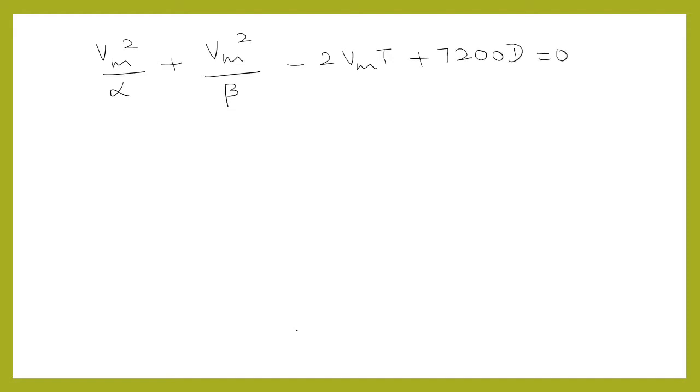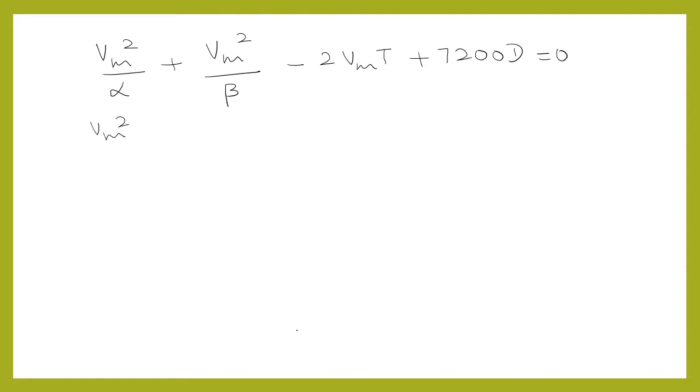So we get, multiplying by 7200, Vm square by alpha plus Vm square by beta minus 2 Vmt plus 7200 D equal to 0.